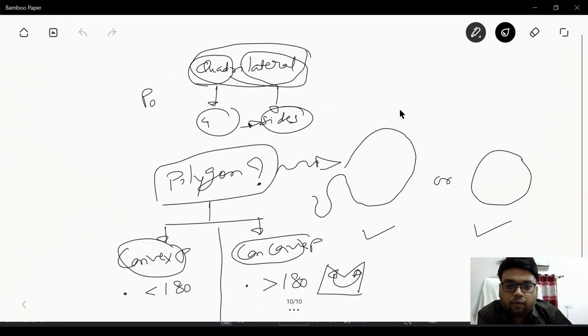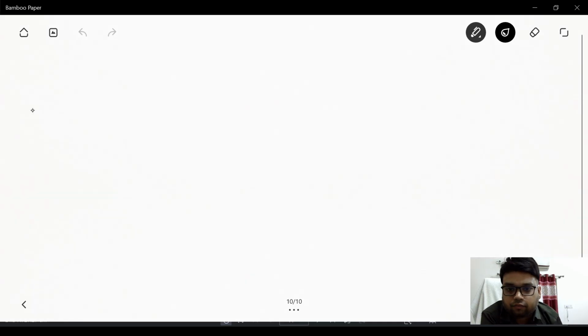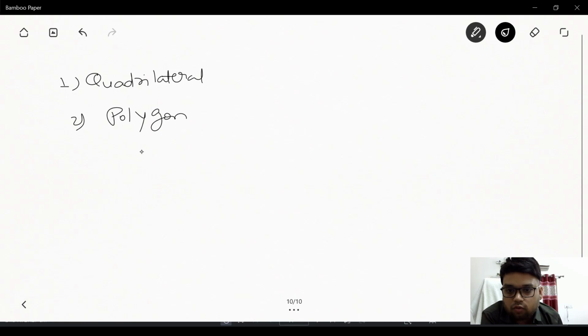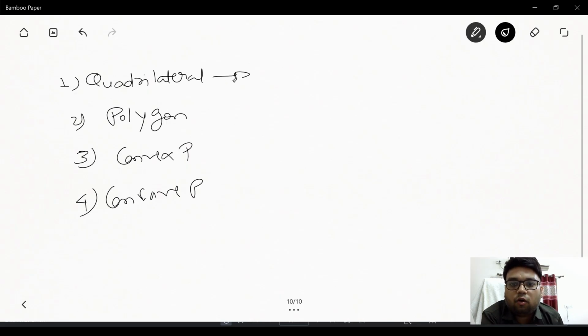Like I am explaining again: firstly, what is a quadrilateral, then what is a polygon, further what is a convex polygon and what is a concave polygon. You have to remember all these terminologies by a simple definition.